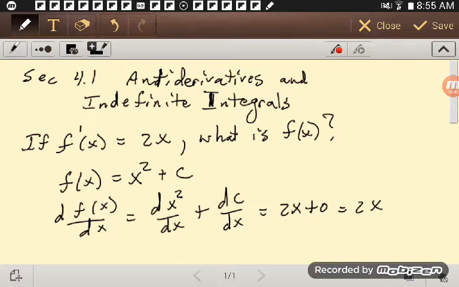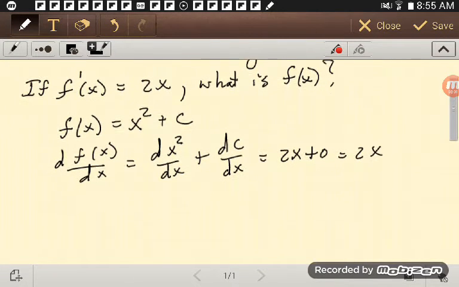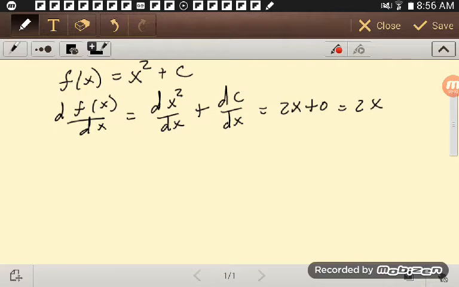And so that's really the big thing we have to remember when doing antiderivatives: there's always this possibility of a constant hanging around. Other than that, mostly, we have one major rule, the power rule.